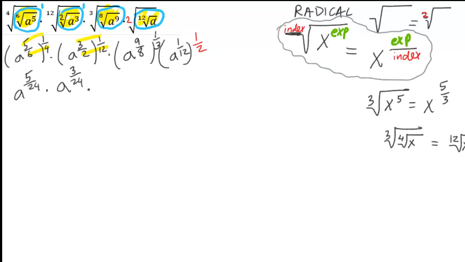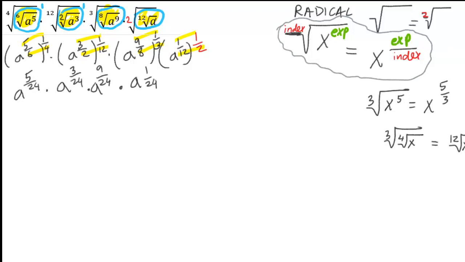Now we have a power of 9 times 1 is 9 over 8 times 3 is 24. So 9 over 24. And eventually we have 1 over 24.